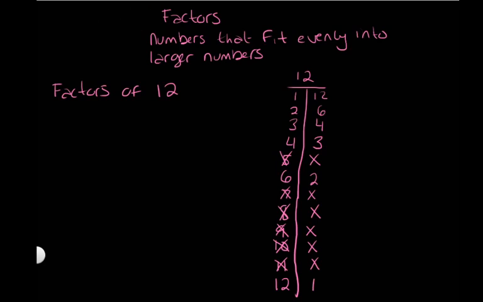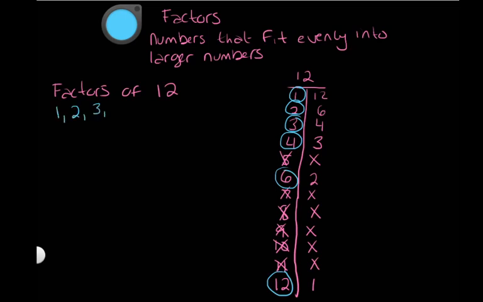Let's change the color here so I can identify them. So 1 is a factor, 2 is a factor, 3 is a factor, 4 is a factor, 6 is a factor, and 12. So factors of 12 are 1, 2, 3, 4, 6, and 12.